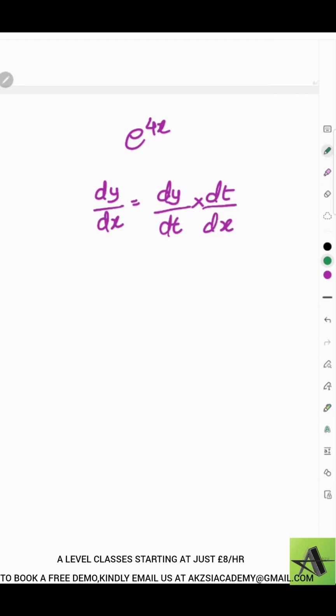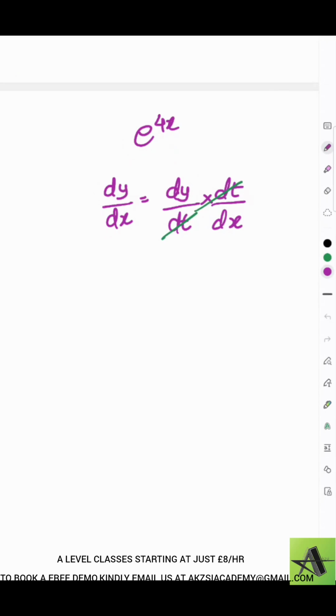So what's happening here? I can cancel out dt and dt. So now if I cancel out dt dt, it will again become dy over dx. So that's a way of writing dy over dx, and that's called the chain rule. So for applying the chain rule, we have to assume something as t, because e to the power of 4x, we can't differentiate directly. We don't have any formula.